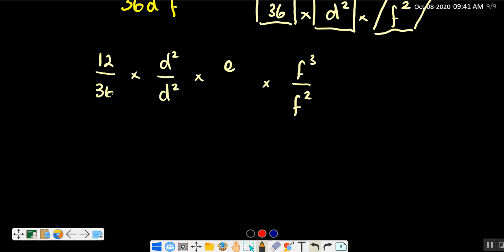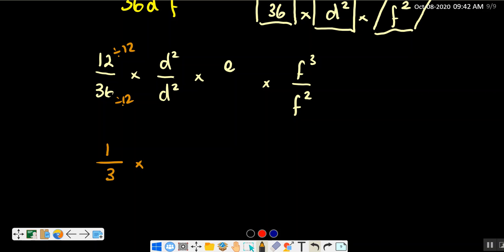It's not 3. Close. It's 1 over 3, isn't it? Remember, if I divide by 12, top and bottom, I get left with 1. 12 divided by 12 is 1. 36 divided by 12 is 3. Yeah?